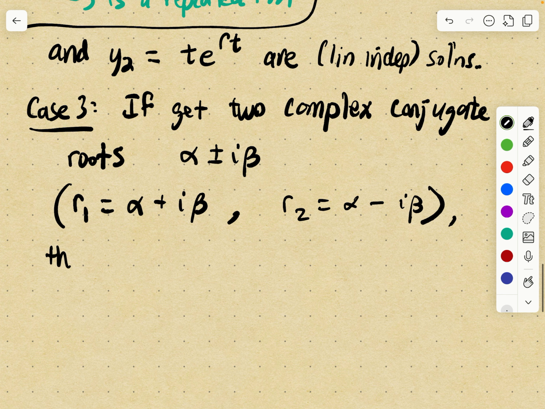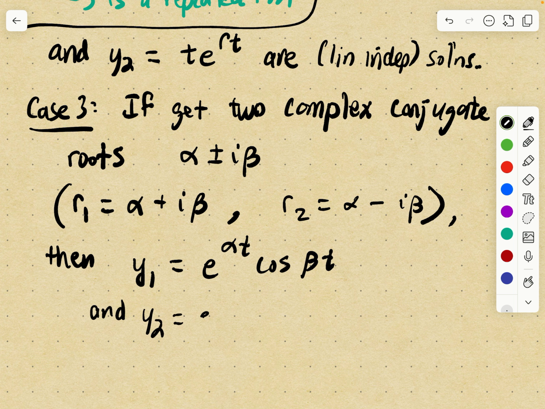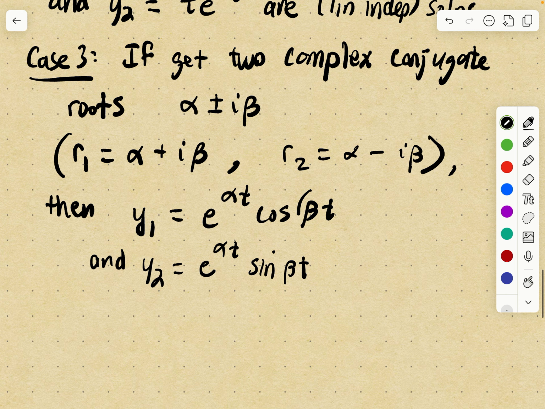Then y1 is e to the alpha t cosine beta t, and y2 equals e to the alpha t sine beta t.